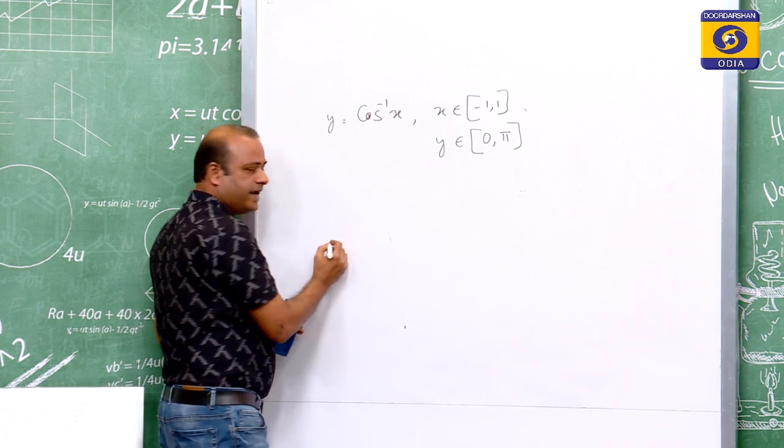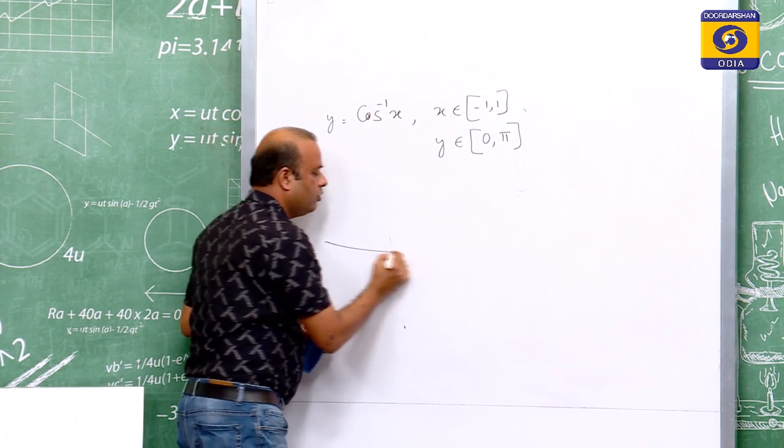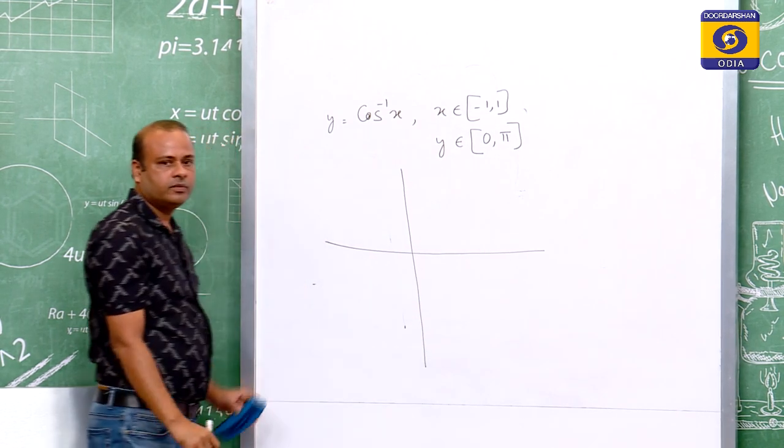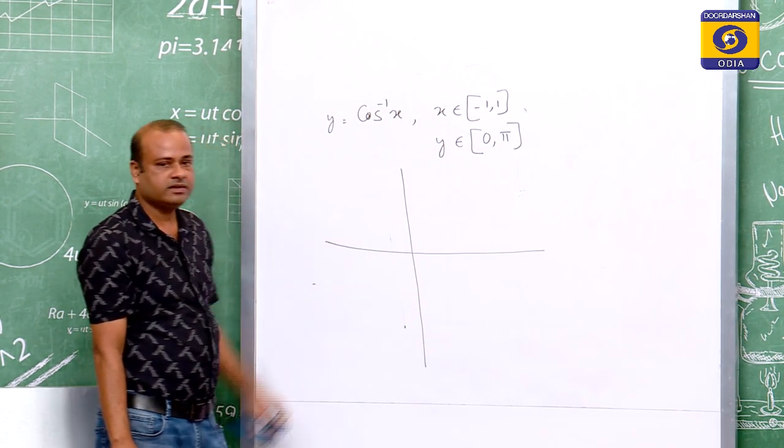Since there are no negative values, no part of the curve lies below the x axis.